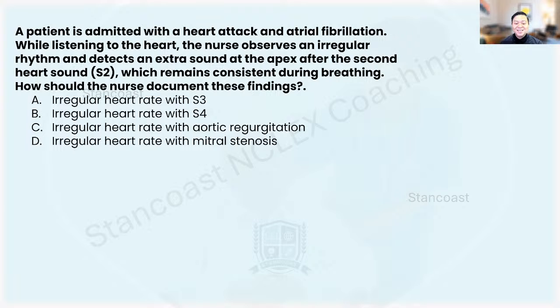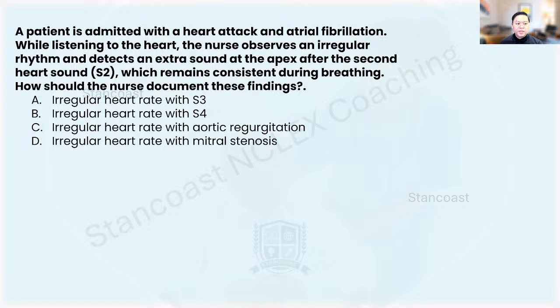Is it A, irregular heart rate with S3, B, irregular heart rate with S4, C, irregular heart rate with aortic regurgitation, or D, irregular heart rate with mitral stenosis?